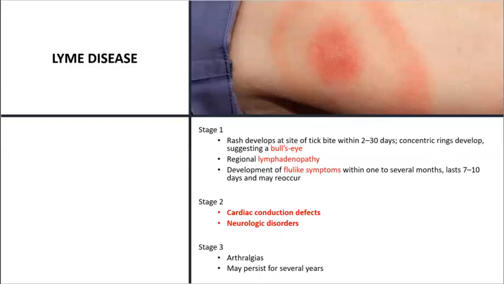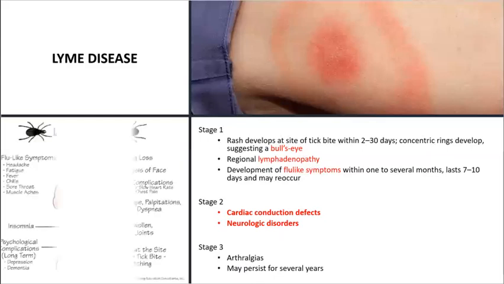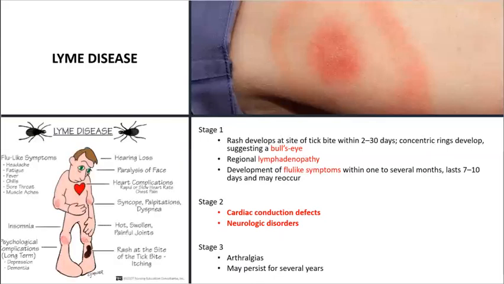So for this client, we'll need to give him antibiotics like your doxycycline or ceftriaxone, or even our azithromycin. So we can give them these antibiotics during the first stage, and then we can use IV penicillin G during the later stages. So these are those symptoms we talked about. Remember, we said in stage 1, you're going to see those flu-like symptoms: your headache, fatigue, fever, chills, muscle ache, sore throat.